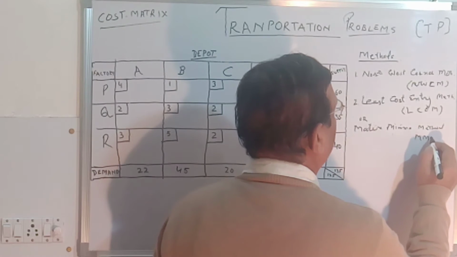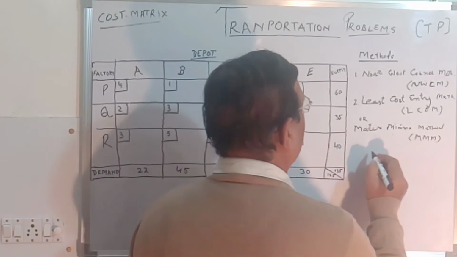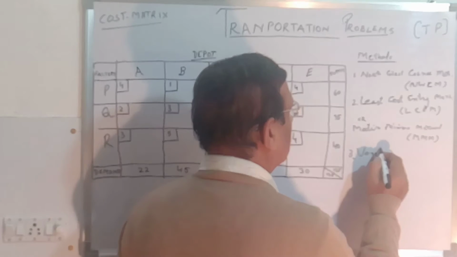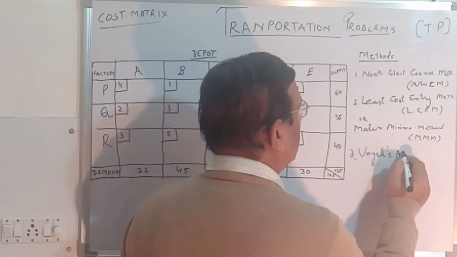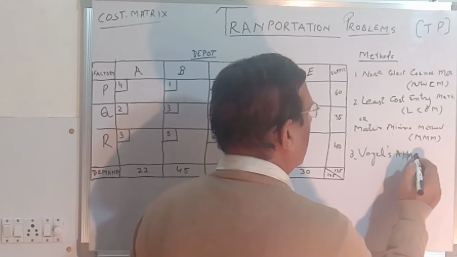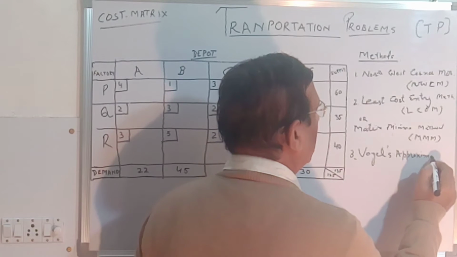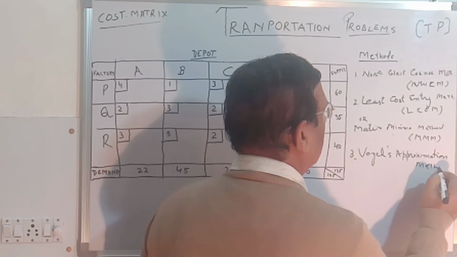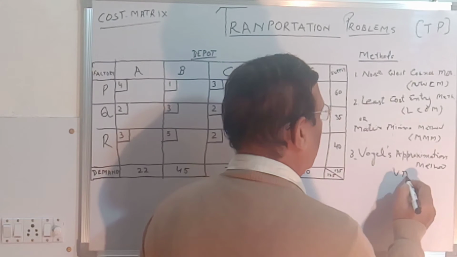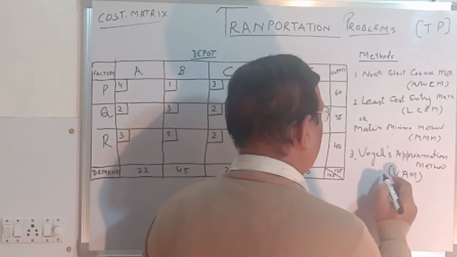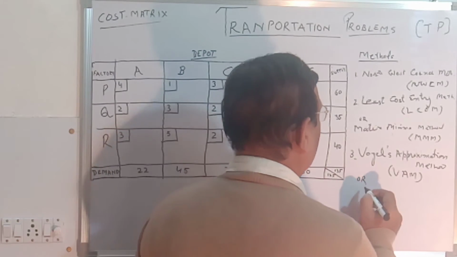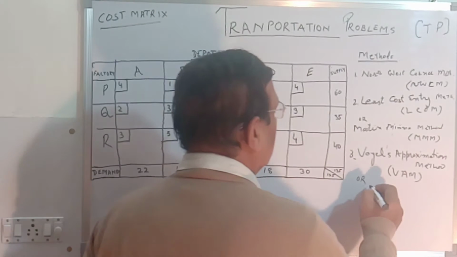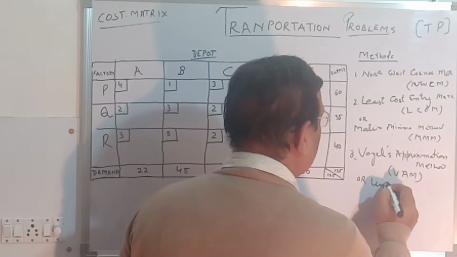And the third is Vogel's approximation method, VAM, or Vogel approximation method, or unit penalty method.